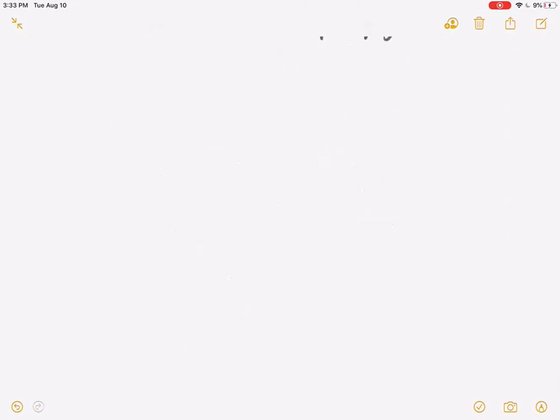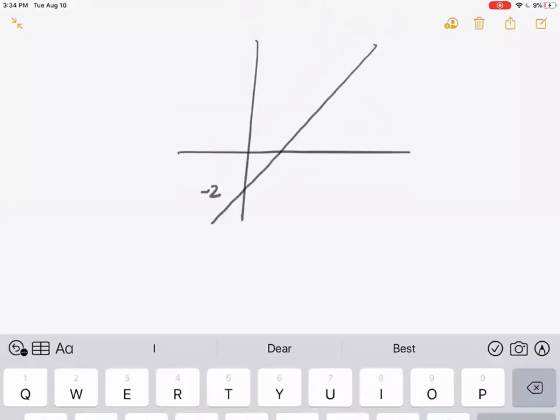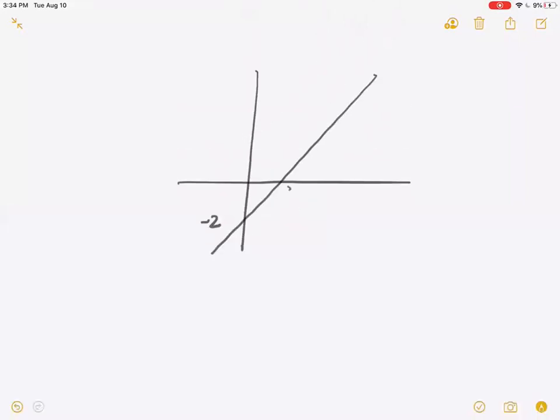So let's go back to a nice simple sketch of the original 3 lines. This is -2. Excuse me. There's a line here that intersects this at the point 1. And there's another line here.